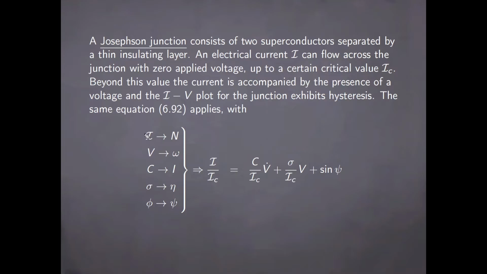If we associate the current with the driving torque of the pendulum, the voltage with the angular velocity of the pendulum, the capacitance with the moment of inertia, the conductance with the viscosity, and the phase of the current with the angle of the pendulum.